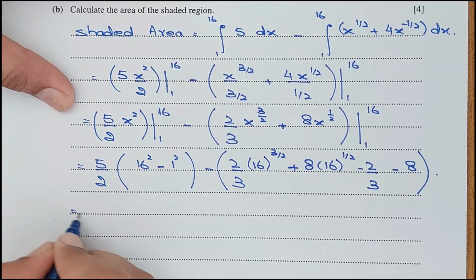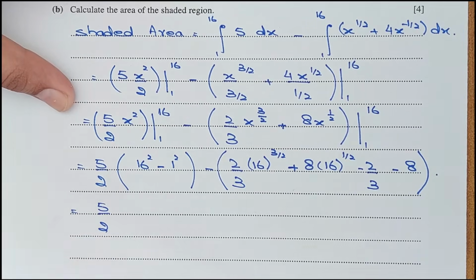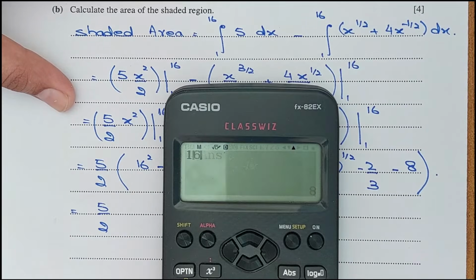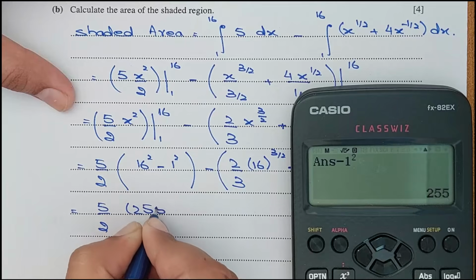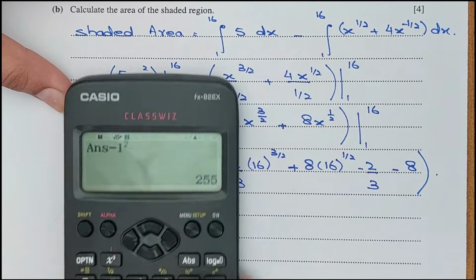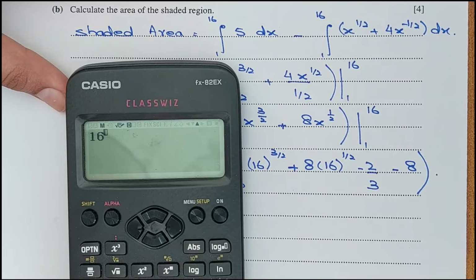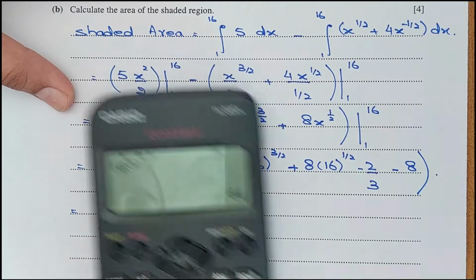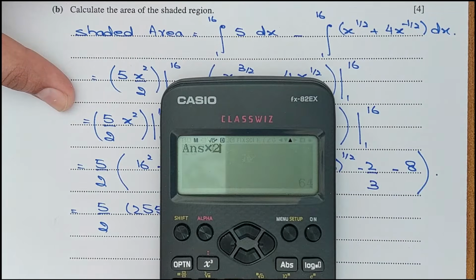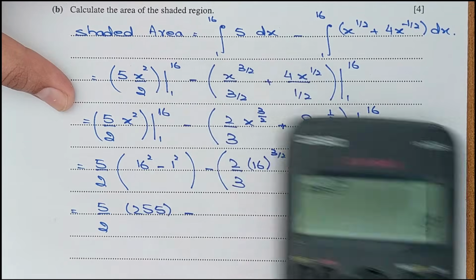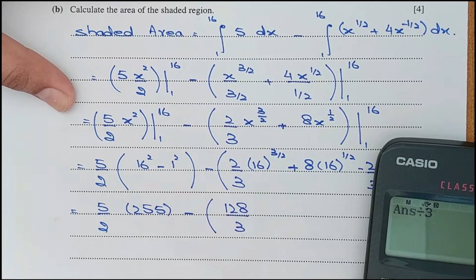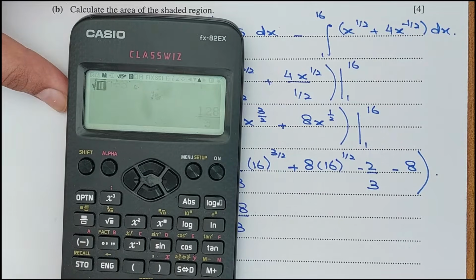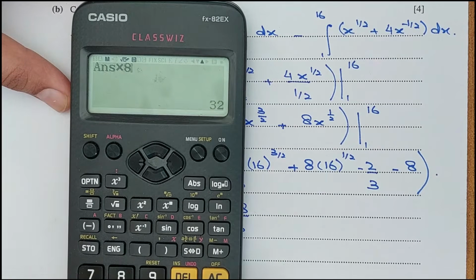Further simplification, we have 5 by 2 times 16 square minus 1 square, 255, minus 16 power 3 by 2, 64 times 2 divided by 3, 128 over 3. Square root of 16 is 4 times 8, which is 32.